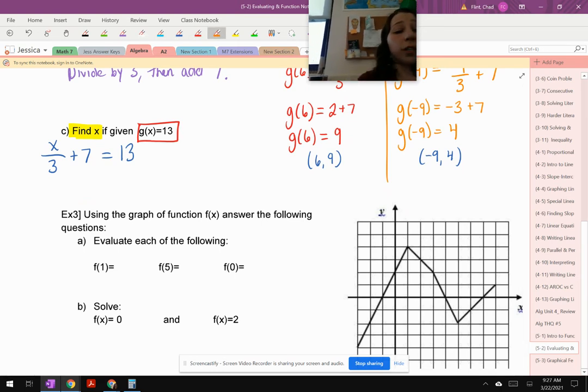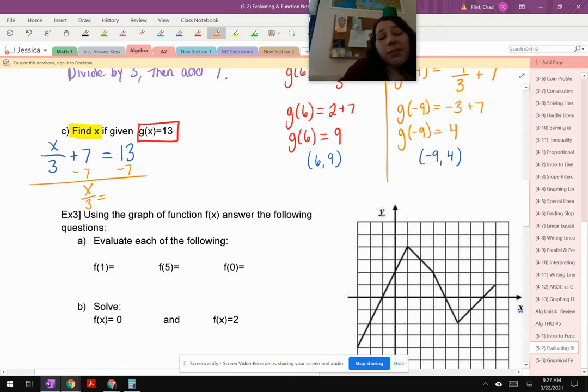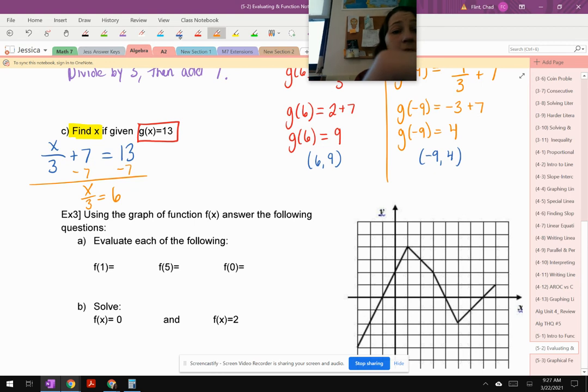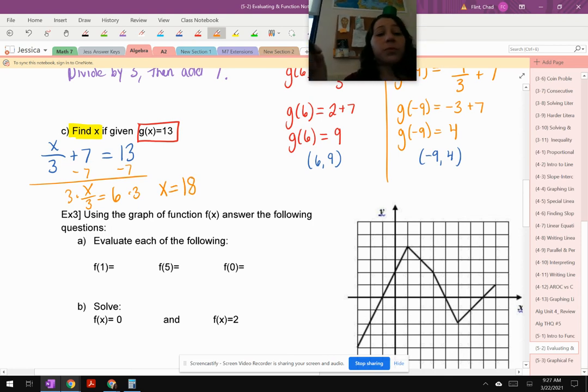Maybe a two-step equation here. Minus 7, x divided by 3 is equal to 13 minus 7, which is going to be 6, I believe. Yup, look at me doing math in my head. I still checked myself, though. Times the 3, x is equal to 18.